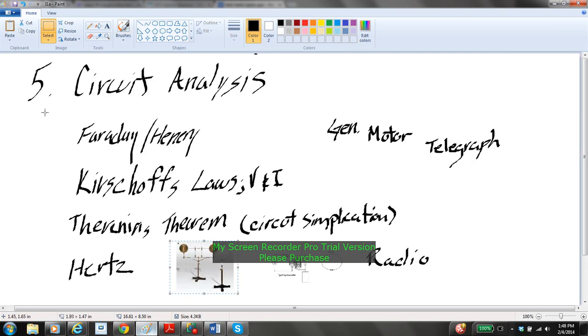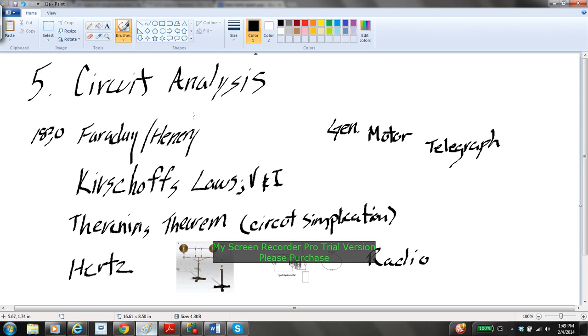Okay, the next phase is when circuit analysis just started to develop. In, I believe it was 1830, pretty much, Faraday and Henry came up with the same observation and law, if you will, the law of induction.